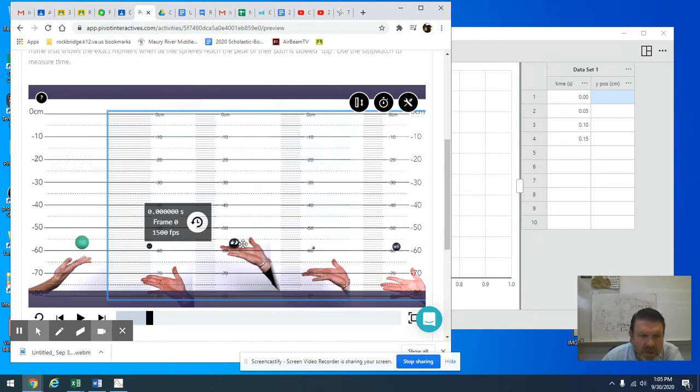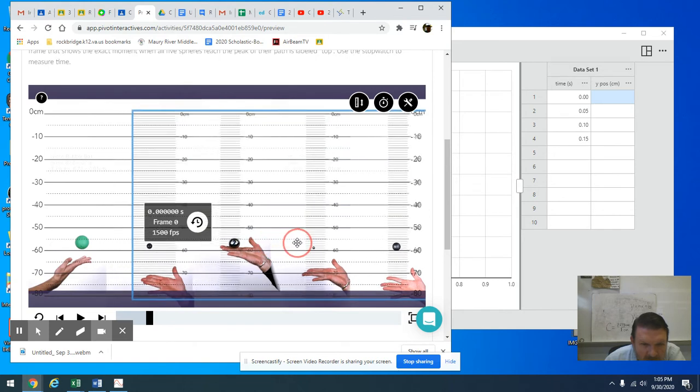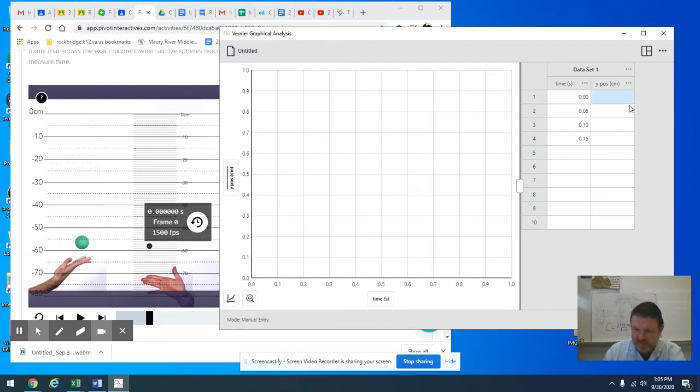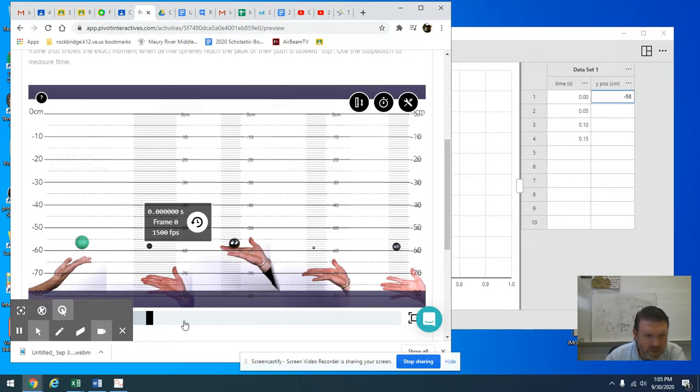Oh, this will work fine. Okay, so we'll do this one. The bottom of the ball is now at, it looks like, I'm going to say -58 centimeters is its position.